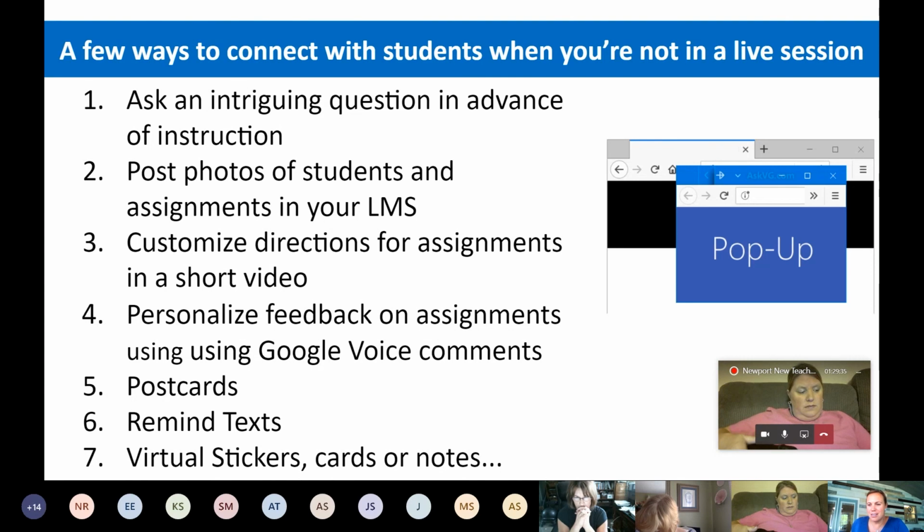So they know it's not just them. And we can share this either in our live sessions, or we could post them someplace, but I do love that idea. And you can share photos of yourself too with your kids.